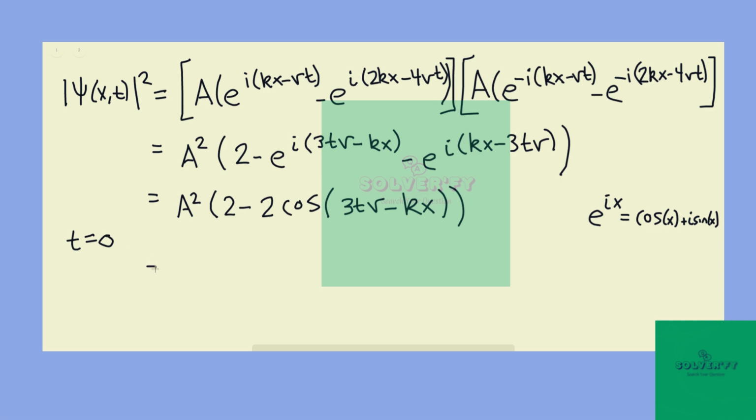So when t is equal to 0, this probability density collapses down a little bit to cosine of negative kx. And because cosine's an even function, we can just say kx. It doesn't change the sign or anything.